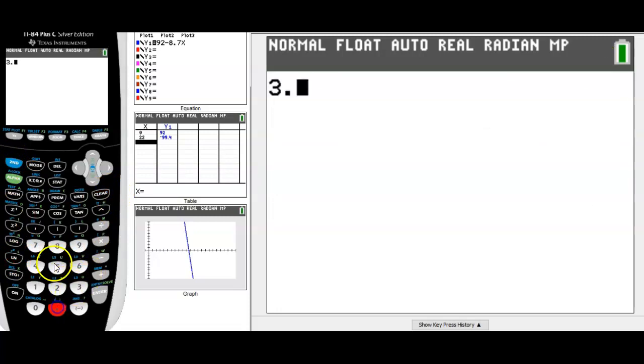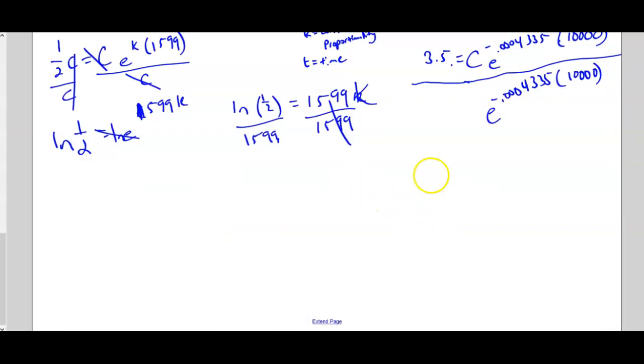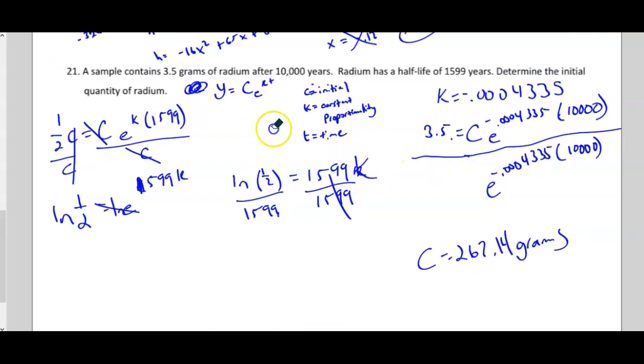Okay. 3.5 divided by e to the negative 0.0004335 times 10,000. Okay. And we get 267.14. 267.14 grams of radium is what we started with. Okay.